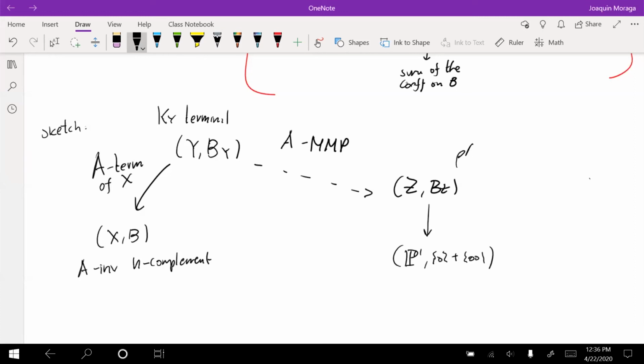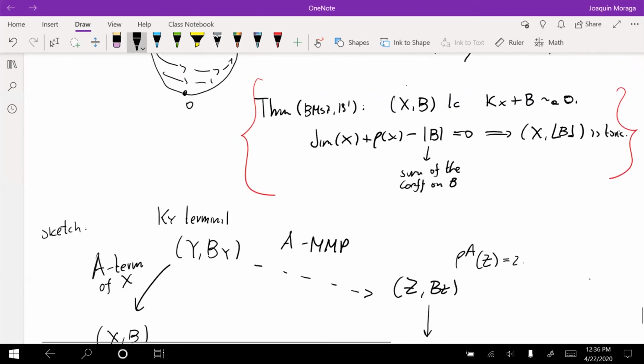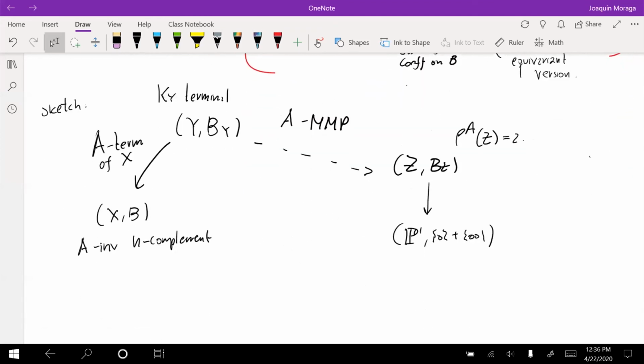So now we know that the rho_A of Z is 2. So then one can try to apply an equivariant version of this paper. It's not hard to prove that it also works equivariantly. But here there are some complications, right? Because right now, you will have a splitting of A acting on the general fiber and acting on the base.